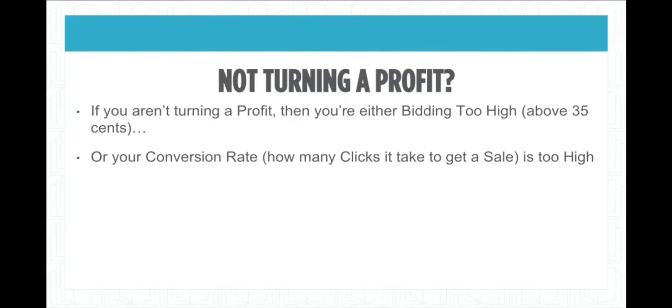I talked about in video number 5 of the challenge that it's usually about a 10-to-1 conversion rate to turn a profit on a regular size novel, 6-to-1 on a shorter book, and 3-to-1, 3 clicks to get 1 sale or full KU read, on a children's book that's in KU. If your conversion rate is too high, you aren't going to get a profit.